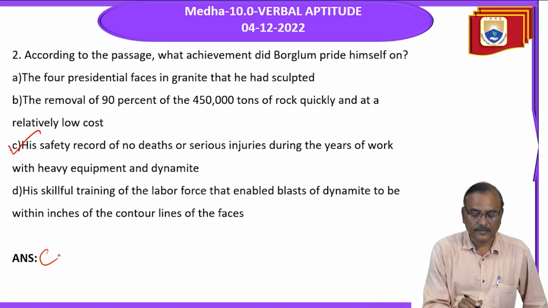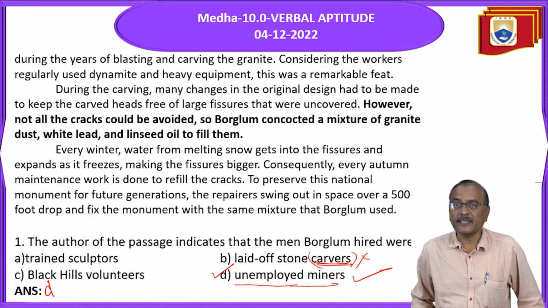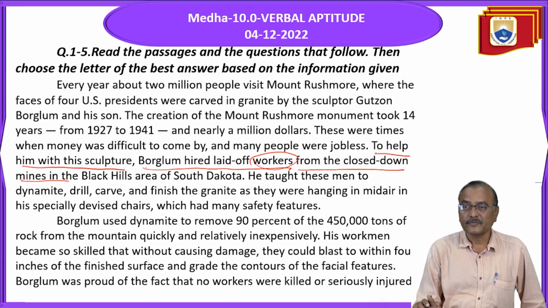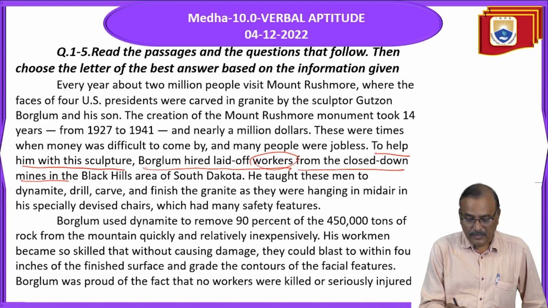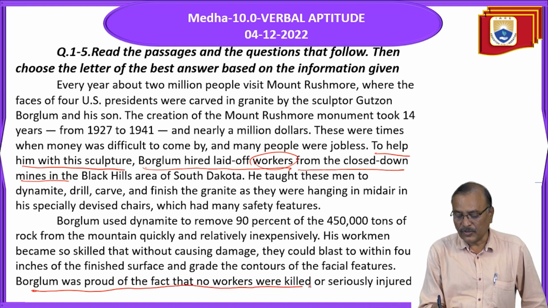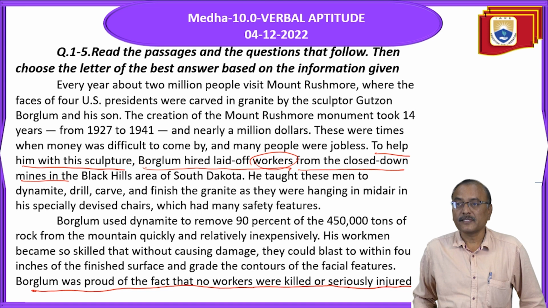Answer C. How can we get it here? Let us see. He is proud of what is that here? In this sentence: he was proud of the fact that no workers were killed or seriously injured. So from this one we can get the answer. Right?